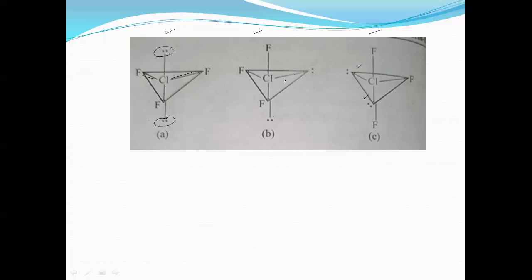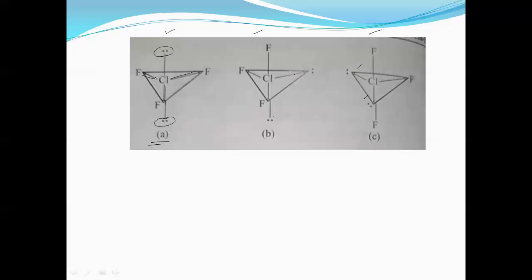We know that the structure with fewer repulsions will be more stable, so that is the most likely structure. Out of A, B, and C, which do you think is the most stable? Let's look at it. In structure A, the 2 lone pairs are at the 2 axial positions.